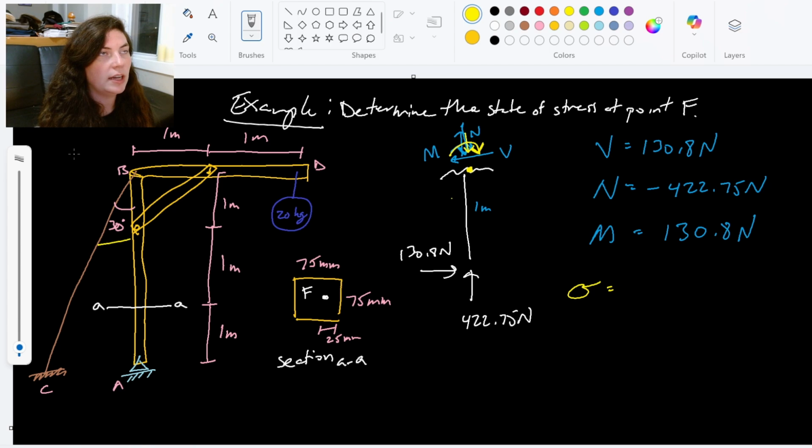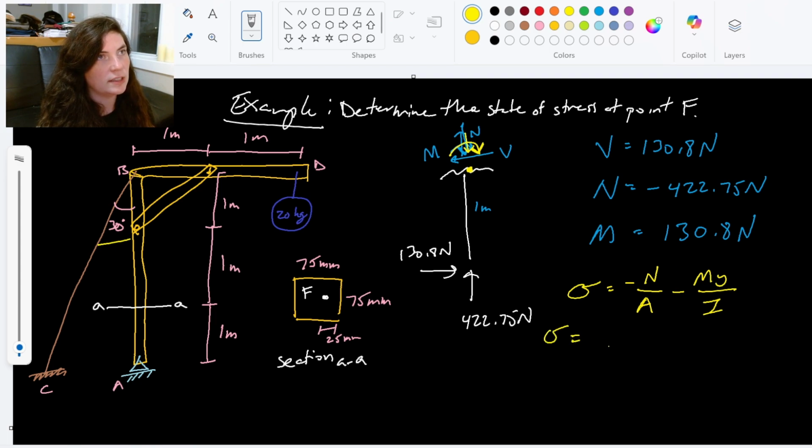So looking at everything normal that's happening, I have the normal force, negative N over A, and then also compressing in is that bending moment, My over I.